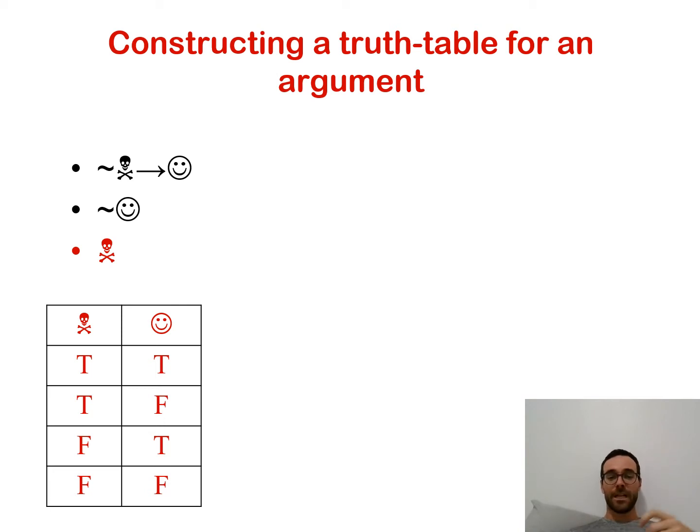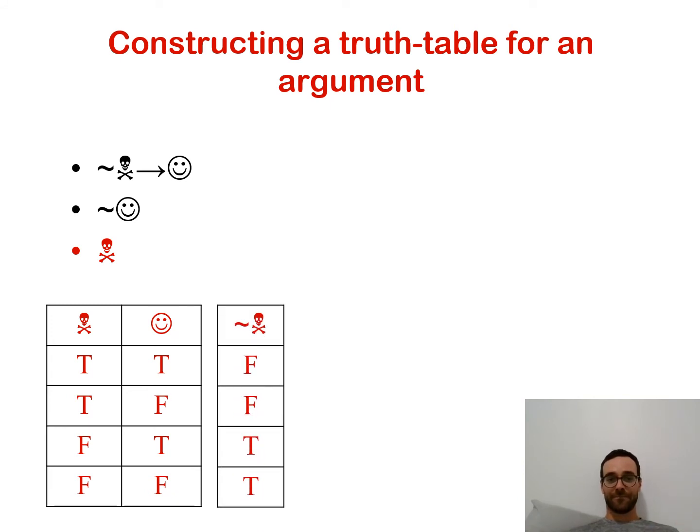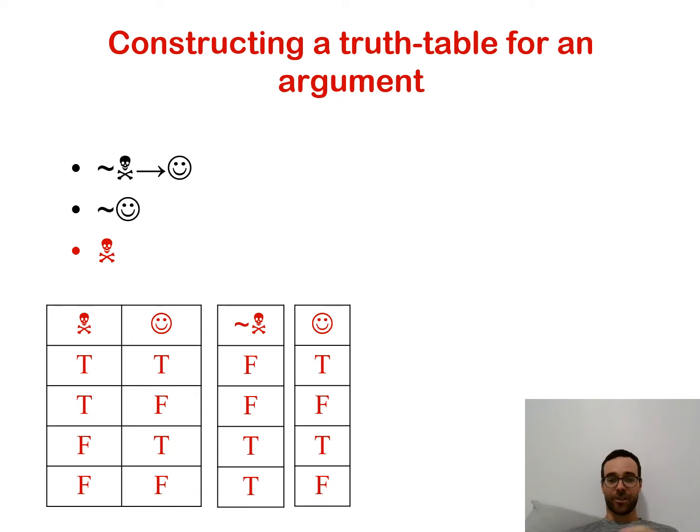We then will start breaking everything up into the smallest parts. So we need to do negation skull and crossbones first. We're just negating column 1. And then after that, we are going to rewrite smiley face just so we remember what's the antecedent and what's the consequent.